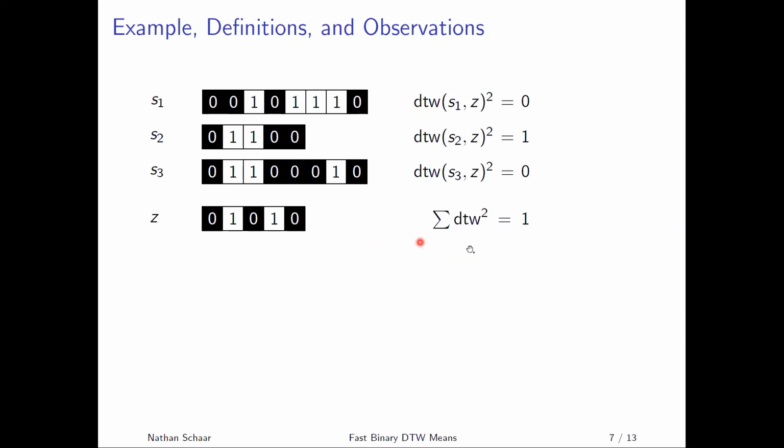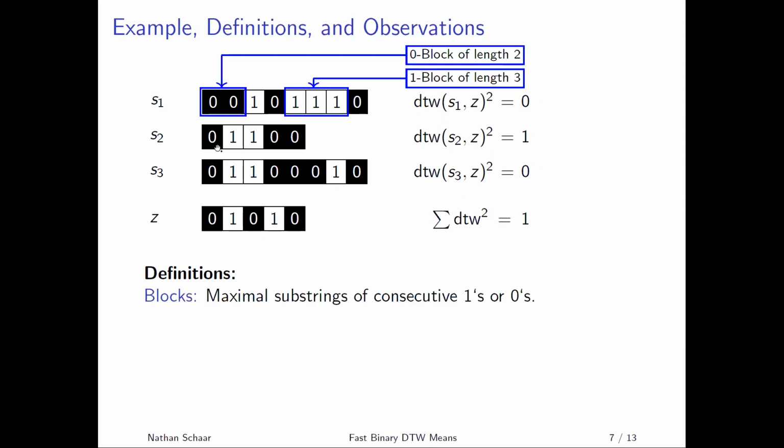And now we need to define some concepts to talk about this more efficiently. So first of all, we need to define blocks, which are just the maximal substrings of the same symbol. So we have 5 blocks in the first and third string, 0, 1, 0, 1, 0 blocks. And in the second string, we have only 3 blocks.